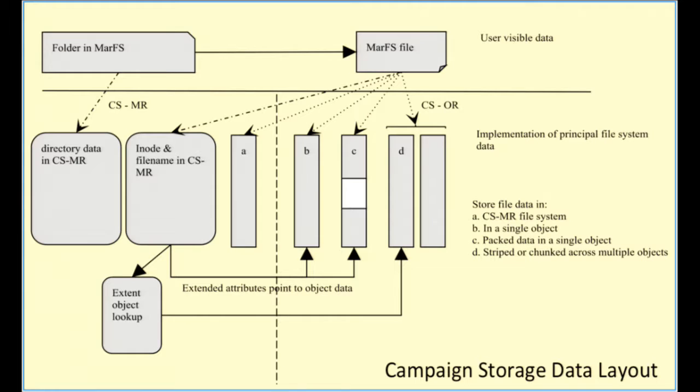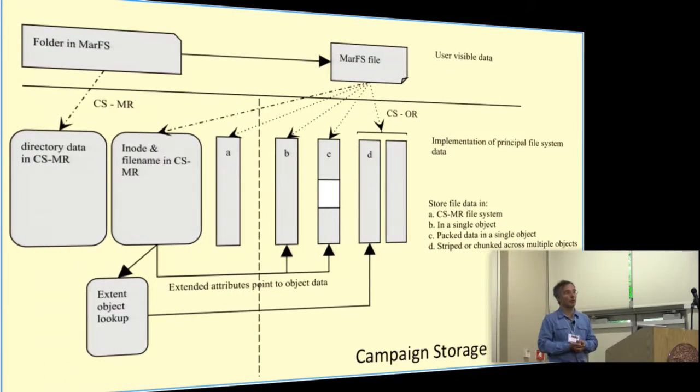But there are a few other interesting things you can do in campaign storage. For example, you can pack multiple small objects into one big object. And this is actually quite important because the latency of these object stores is very, very high compared to the latency you would get for small files in a fast file system or a burst buffer. So this is one form of containerizing data: to pack them in an object.